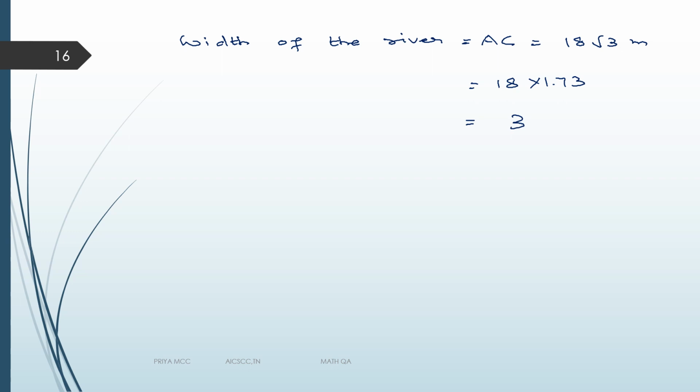Therefore, what is the width of the river? Width of the river is equal to AC. AC is equal to 18 root 3 meter, which is actually 18 into 1.73, which is 31.14 meter.